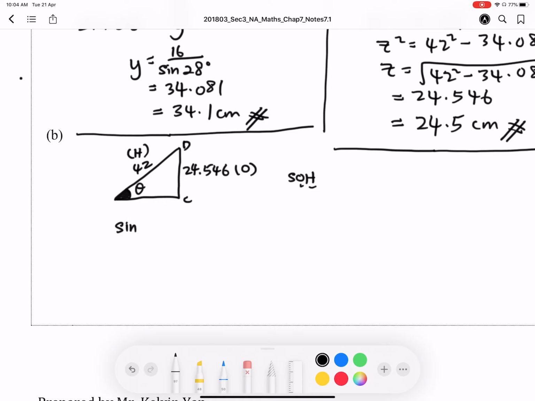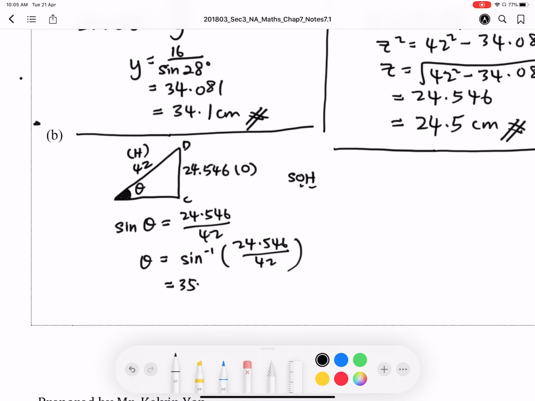Sine of theta equals 24.546 over 42, opposite over hypotenuse, and theta will be sine inverse of the right hand side. So that's sine inverse of 24.546 over 42. Press the calculator, you get 35.762 degrees. Correct to one decimal place would be 35.8 degrees.